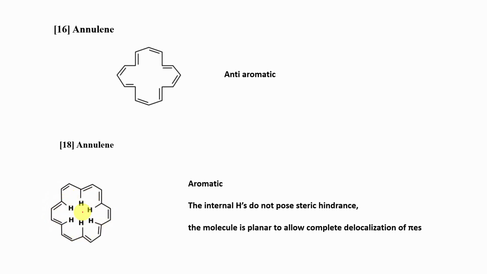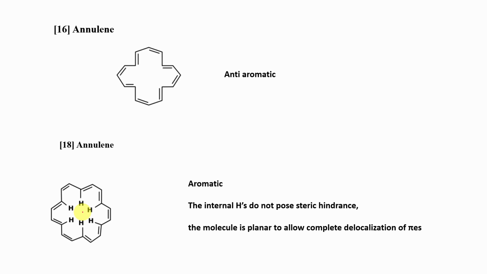Okay, all the higher homologues are planar. They are cyclic in nature with conjugated pi bonds and obey Hückel's rule. If it has 4n pi electrons, it will be anti-aromatic. If it has 4n plus 2 pi electrons in the system, then it will be aromatic.